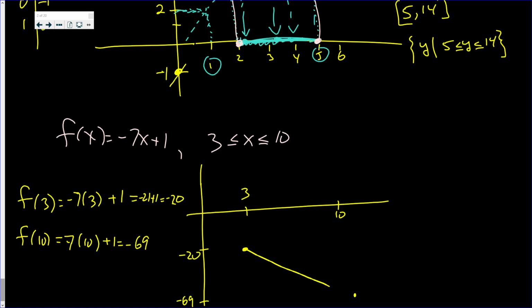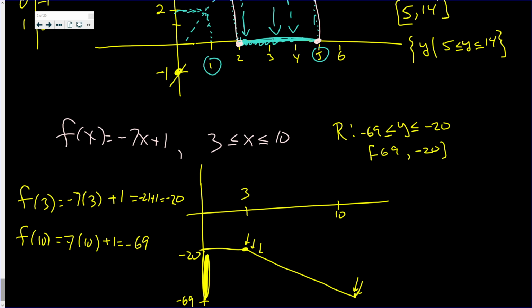And here is the line, and it takes on all the values in between. Right here is negative 20, right there is a little bit less, closer to negative 69, exactly negative 69. So the range is y is in between the smaller number and the larger number: negative 69 to negative 20, include them.